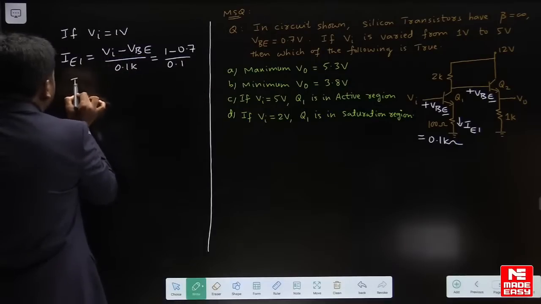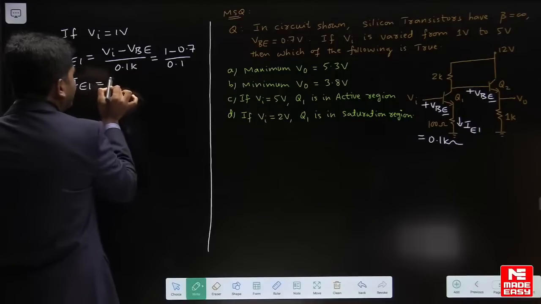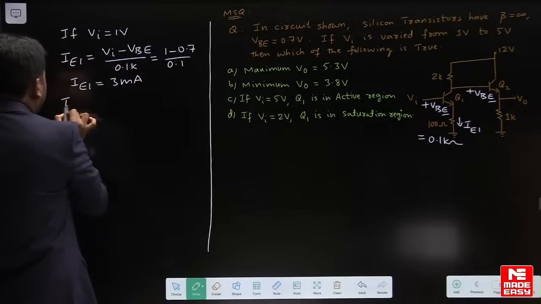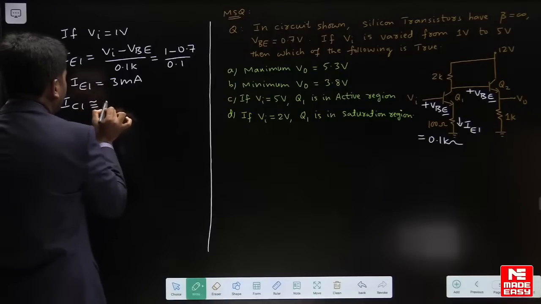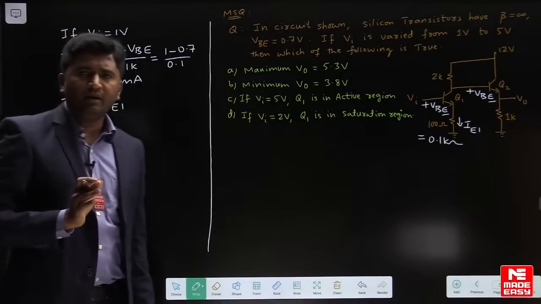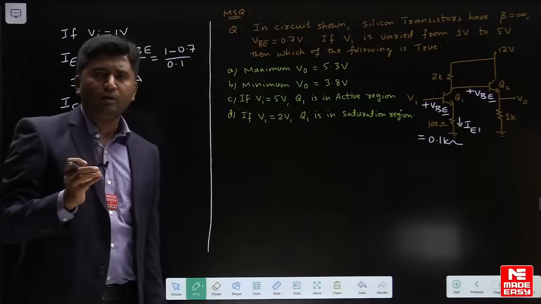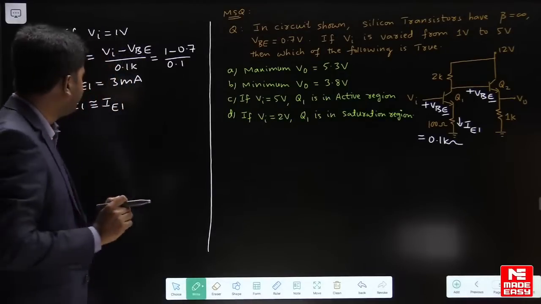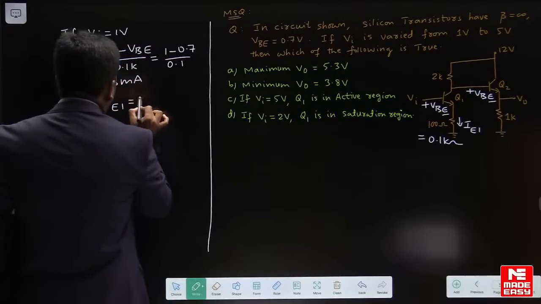I am getting emitter current 3 milliampere. We will take collector current approximately equal to emitter current. Beta value is not given here. The question says beta infinite, so we can ignore base current and take IC and IE approximately same. So this is 3 milliampere.